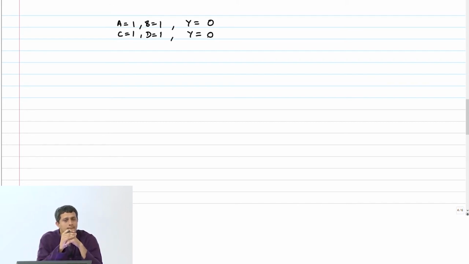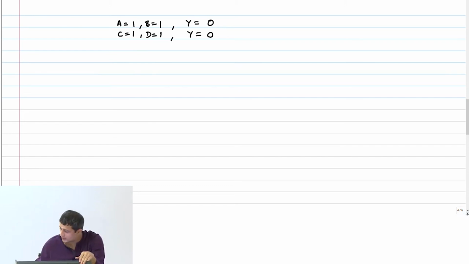What happens in the other cases? In the other 14 combinations, what will the output Y be? Essentially, what is happening is when any of these pull down paths turn on, the output is pulled low and it is held low.